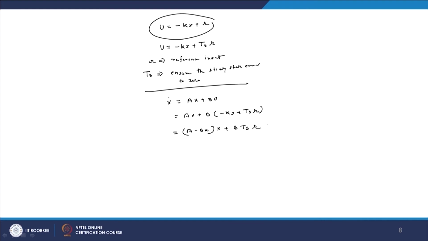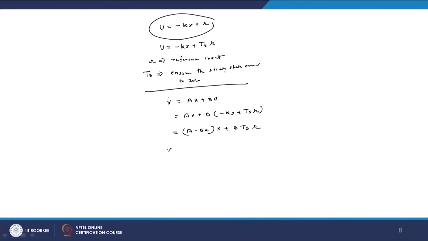Now, what is the steady state? Steady state is nothing but the equilibrium point. So, it is a constant, and the derivative of any constant becomes 0. Therefore, at steady state xs dot is equal to 0. That is the condition for steady state.